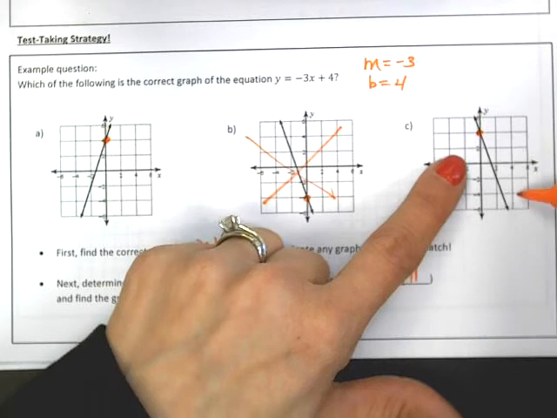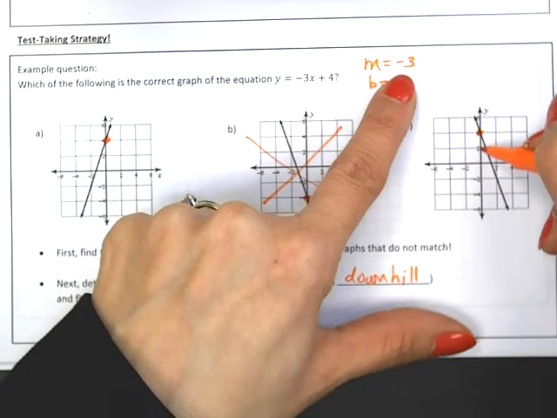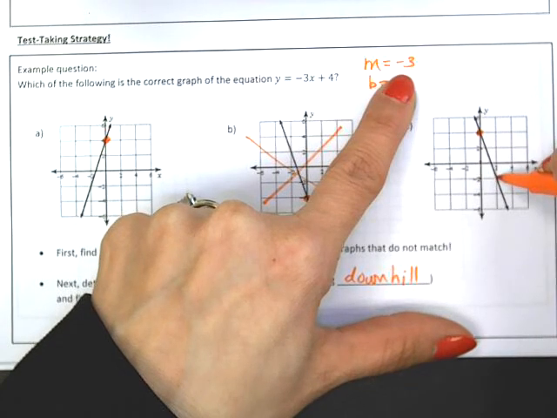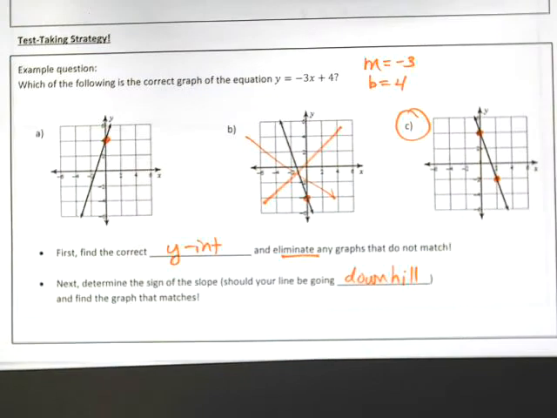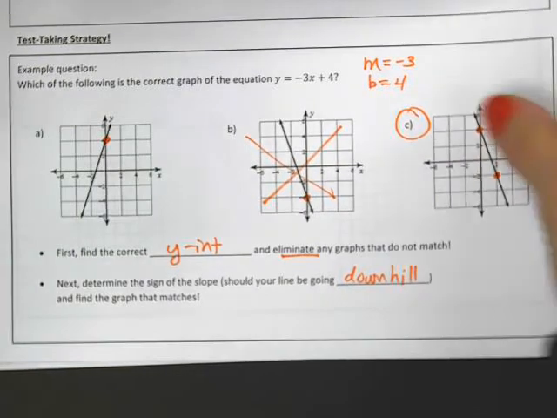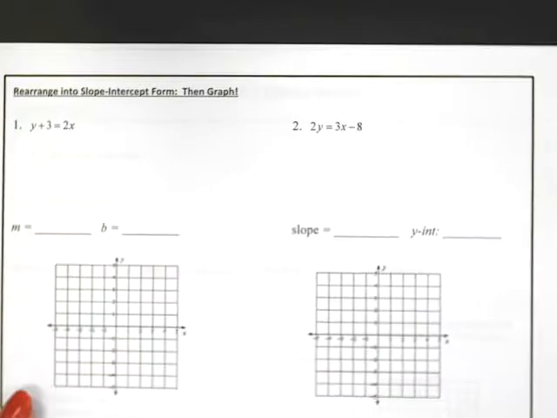Is this the right graph? It's going downhill. Let's check. Down 1, 2, 3 over 1. This is it. The correct answer is C. So sometimes taking a multiple choice test is a little different than graphing lines by yourself on a regular test. Make sure you practice your homework so you get some experience with that.